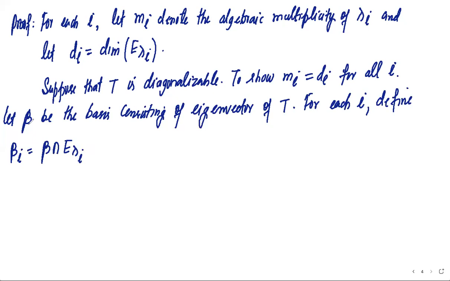So now beta is the basis of V consisting of the eigenvectors of T, and this comes from the fact that we have supposed T is diagonalizable.